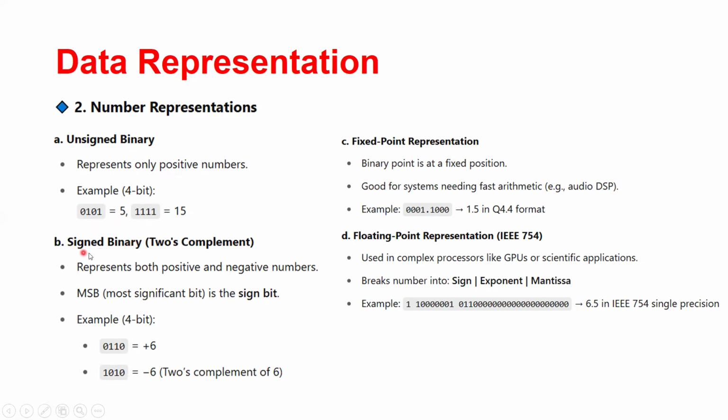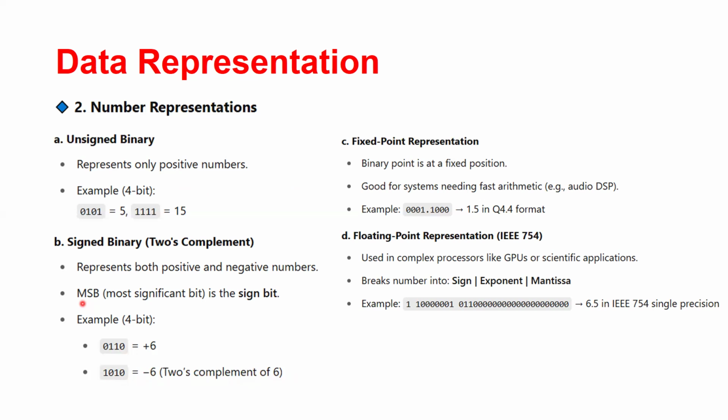However, there is a second type here called signed binary, which is nothing but 2's complement of a number. In this form of number representation, you have both positive and negative numbers. So MSB tells us whether it's a positive number or a negative number.